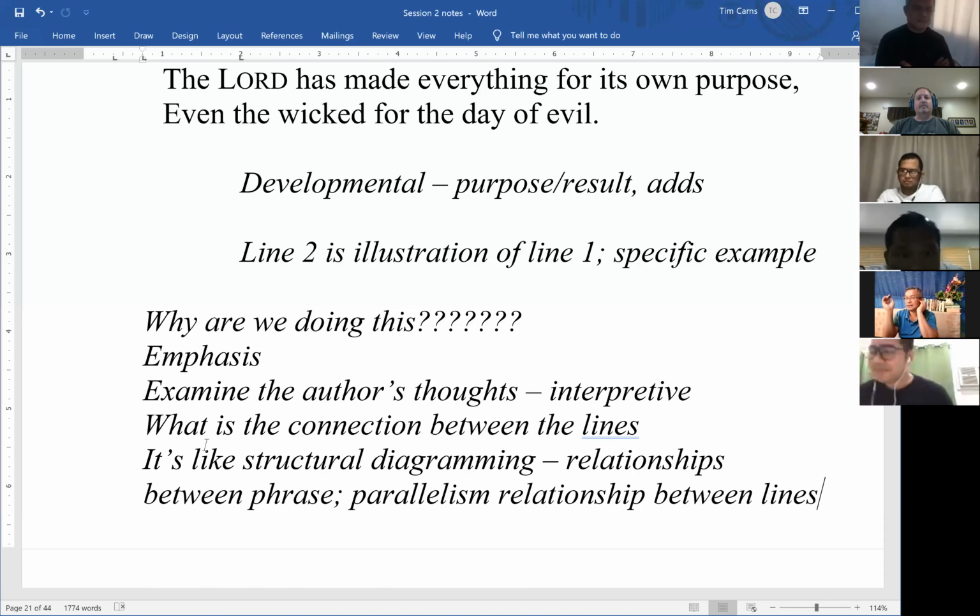So all poetic writings express imagery and figurative language, but not all poetic writings express parallelism. But if you're in the Psalms or the Proverbs, it's very, very common. Any questions on that? So again, this is a step that's helping us in interpreting, because again, we know that the author is likely intentionally connecting these lines in some way.